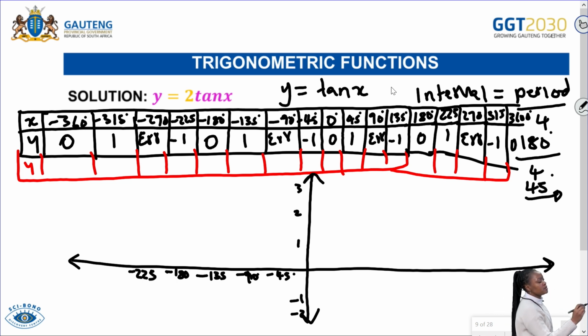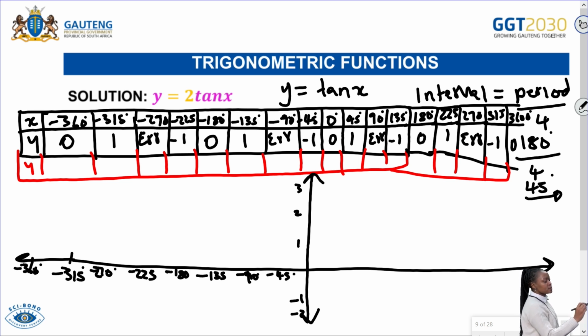Then you'll get negative 270. Then you'll get negative 315. I hope you can still see. And then lastly, you'll have negative 360 degrees.